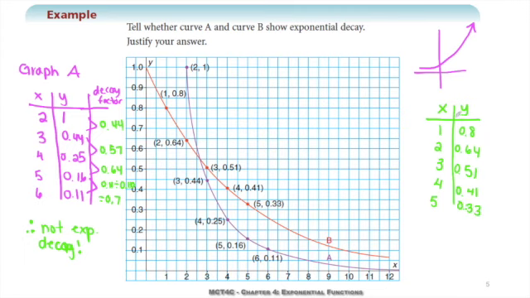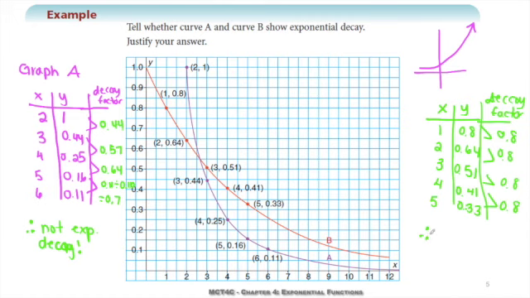Okay, so remember that you're going to find that decay factor, if there is one. Start at the bottom and divide up. So 0.33 divided by 0.41, 0.8, 0.8, 0.8 when you divide up, doing those.